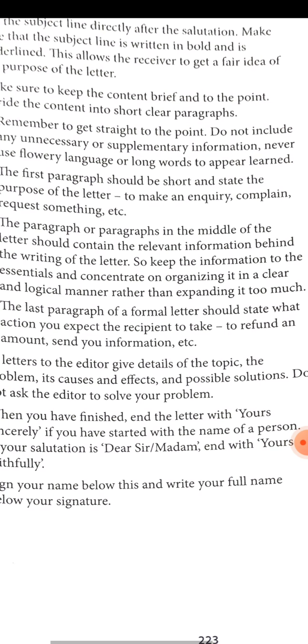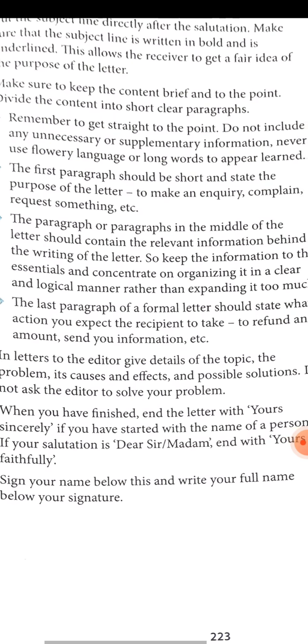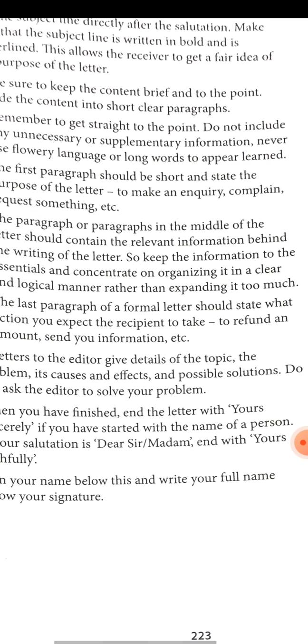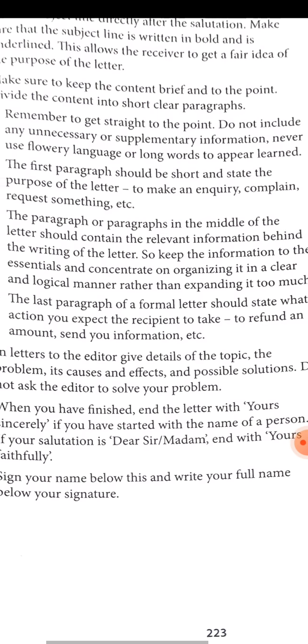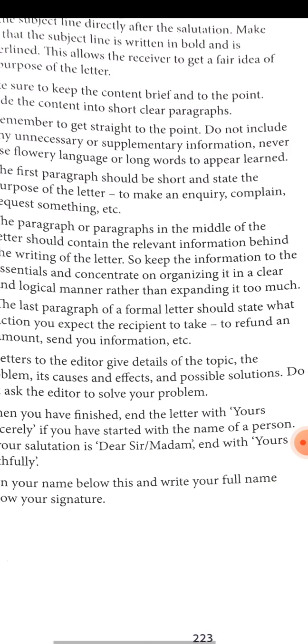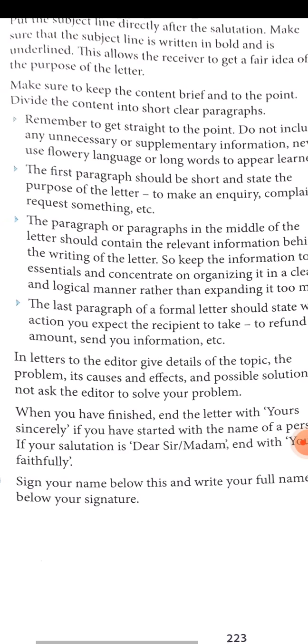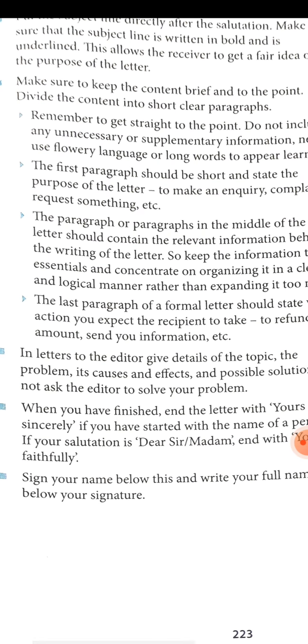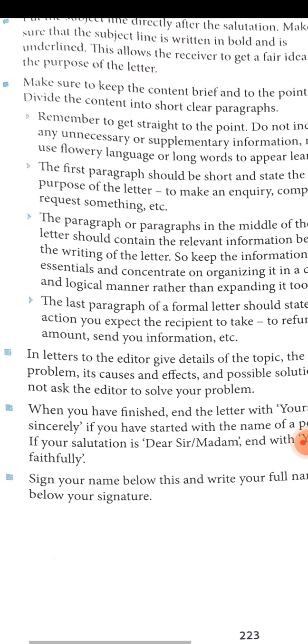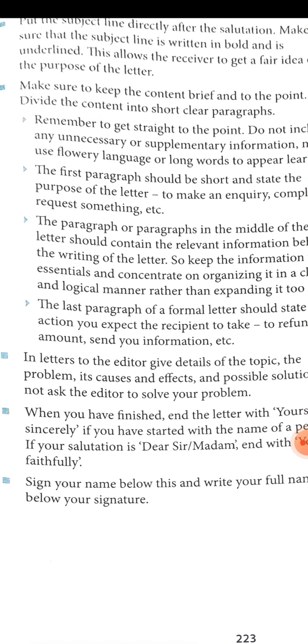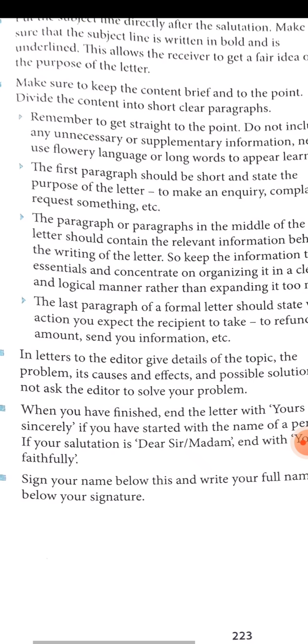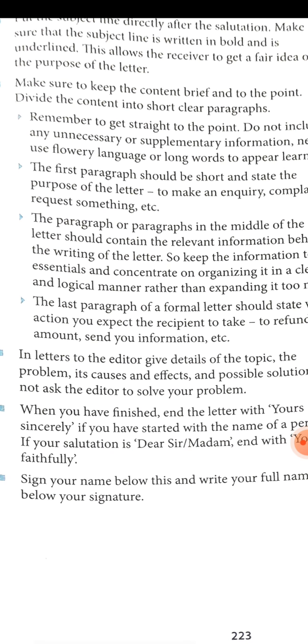Remember to get straight to the point. Do not include any unnecessary or supplementary information. Never use flowery language or long words to appear learned. You don't have to show how learned or intelligent you are in the letter. Flowery language means something which is more elaborated and very sweet.